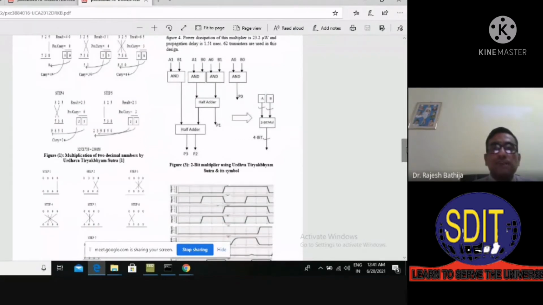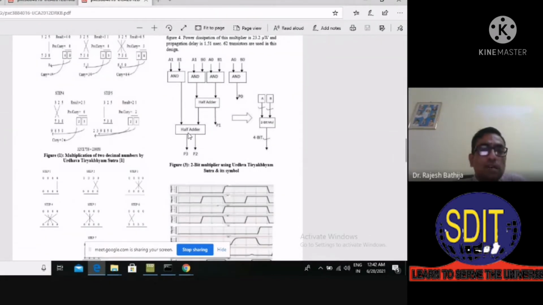Let us first discuss the Vedic mathematics part. There are 16 sutras in Vedic mathematics, and out of these 16, there are 3 sutras we can use for multiplication.